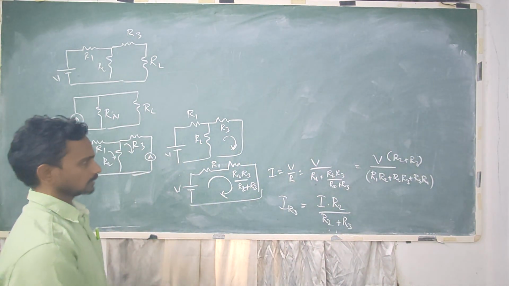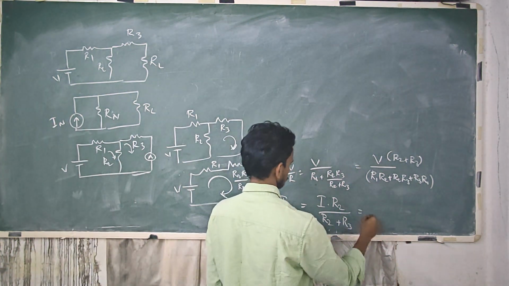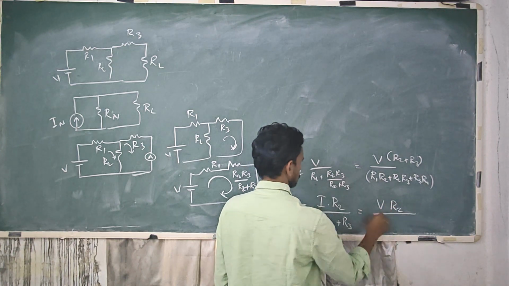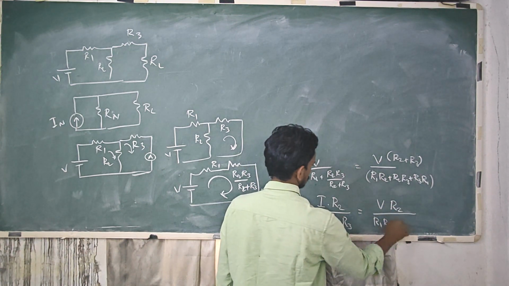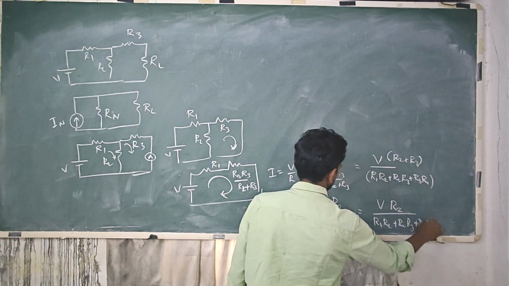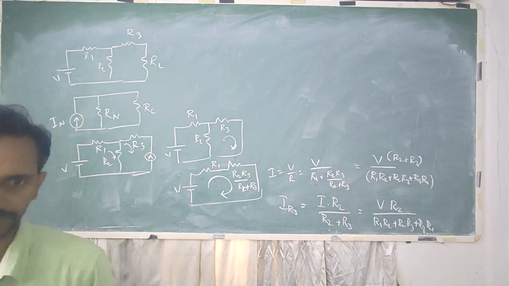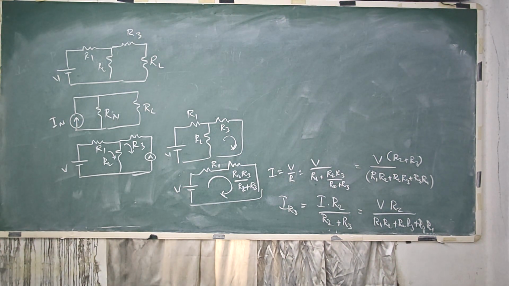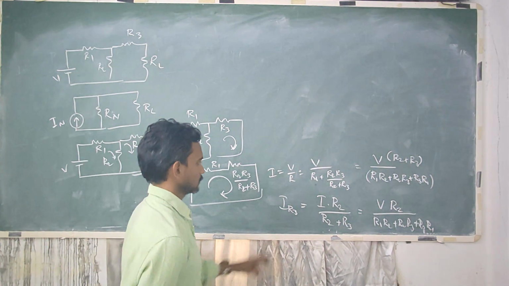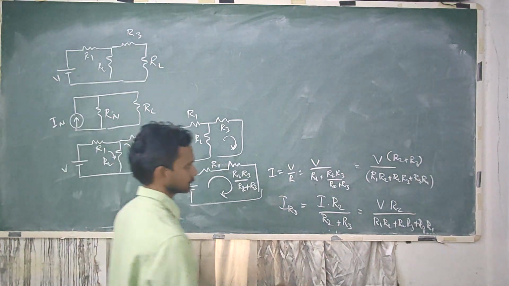If you substitute that, this becomes V R2 by R1 R2 plus R2 R3 plus R3 R1. That is the current through R3. That is the value of IN.